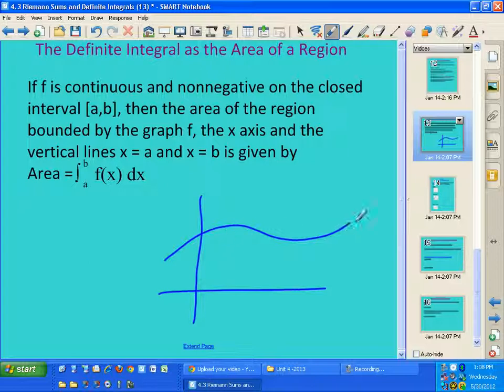Then if we pick a and we pick b, we can find the area by using the definite integral, which is the symbol that he came up with to represent the summation. This thing is equal to the summation, and he's using an infinite amount of rectangles of varying sizes that will find the area fairly accurately under this curve.